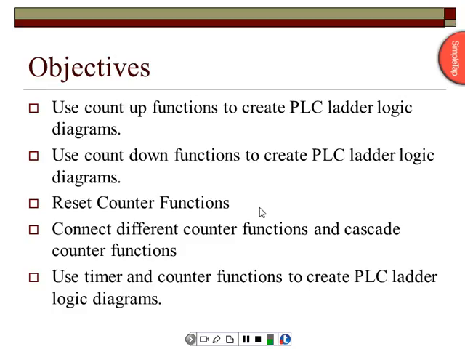We can connect different counters together to come up with a process or a use for them. And we can actually combine timers and counters both together. You will do that more so in PLC2 also. There is a lab in here that we used to do, but it's a little more complicated and we don't have as much time as we used to have.